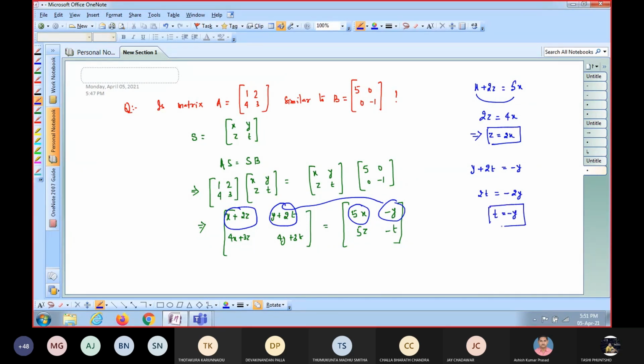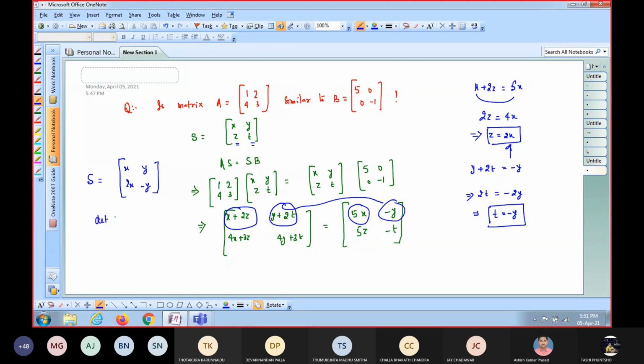So this is the second piece of information. So now I am able to construct S. S is what? X, y, z, where z is 2x, and then t is minus y. Now, the question is whether S is invertible or not.